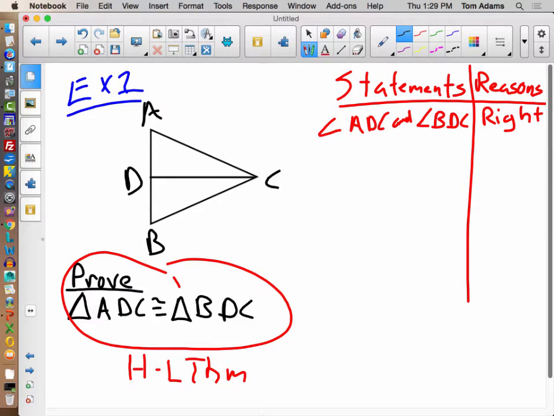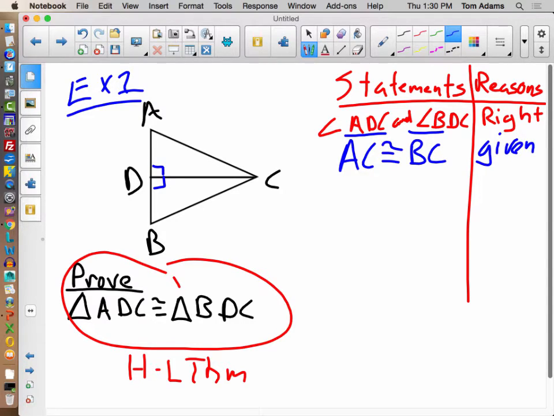So let me show you what that means. That means that this is a 90-degree angle and this is a 90-degree angle. Okay? And then they tell us that AC is congruent to BC, and this is given as well.